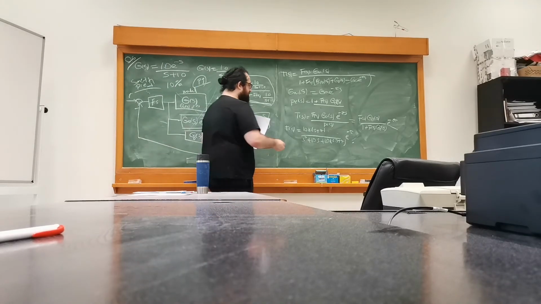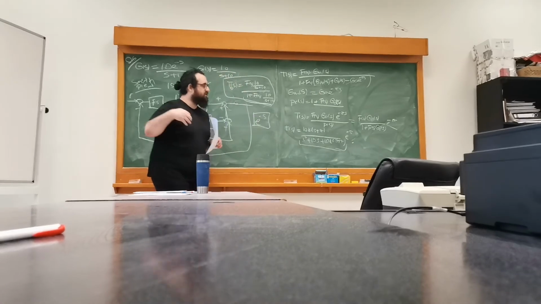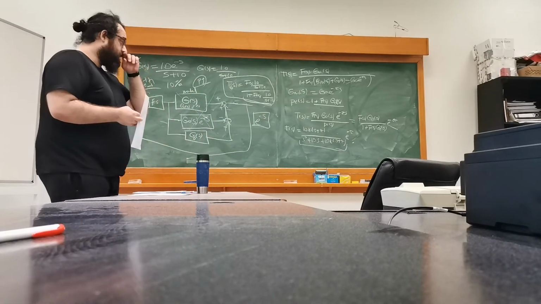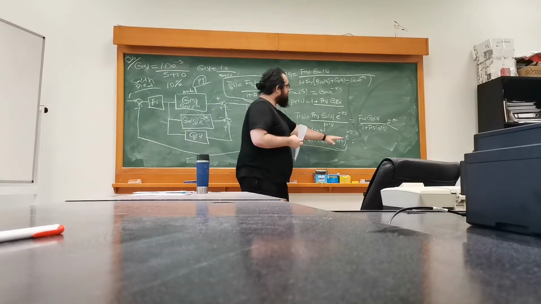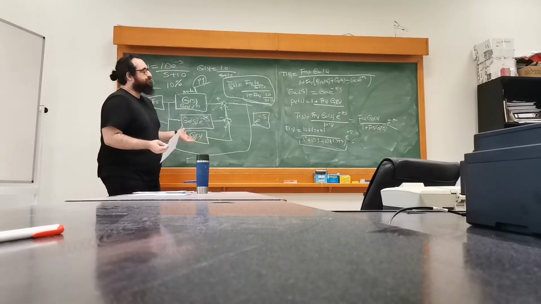So I'm going to decide on the controller based on this characteristic polynomial. You can use the algebraic method, the root locus method, whatever you want. But I will always know that if I use the structure, I will have this 1 second of delay in the closed loop, and that's basically it.